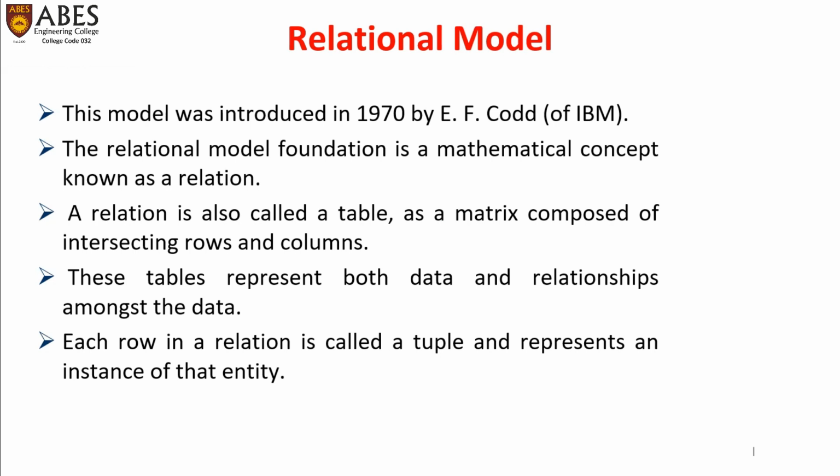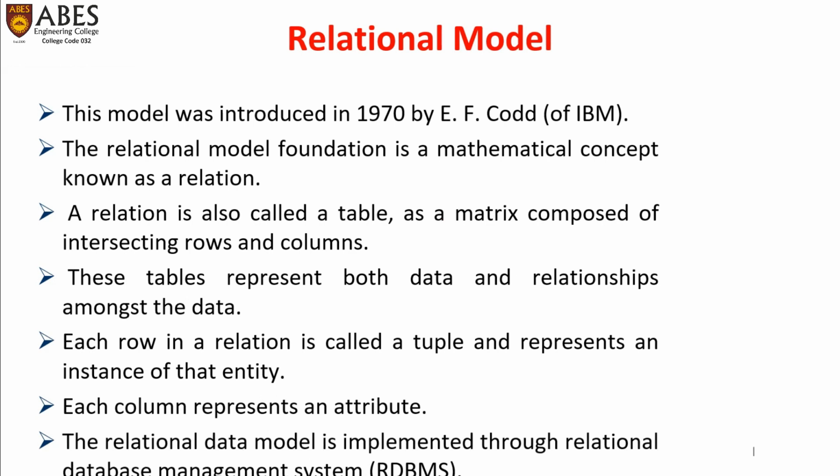Entity means a table name, you can say. Each column represents an attribute. Each column in a table is known as an attribute, and each attribute describes a property of your entity.